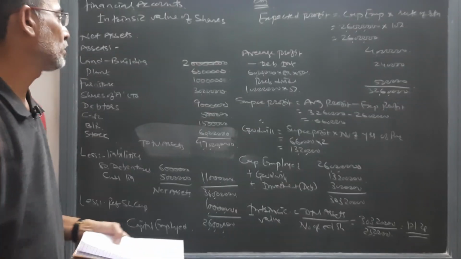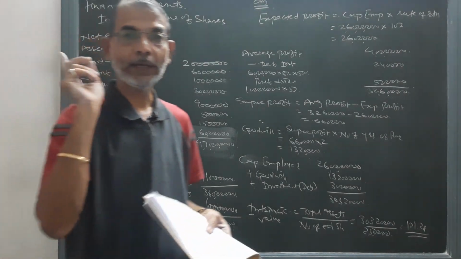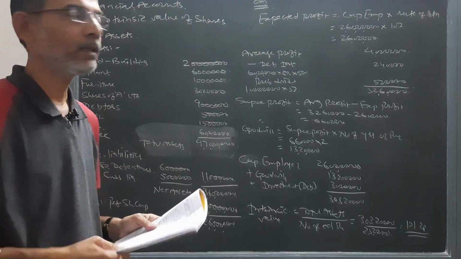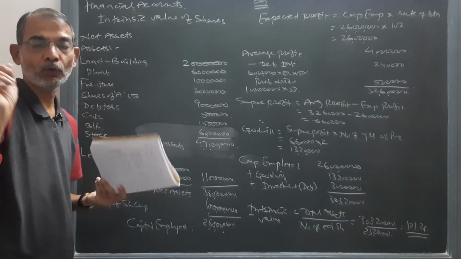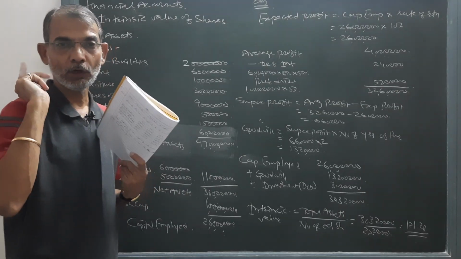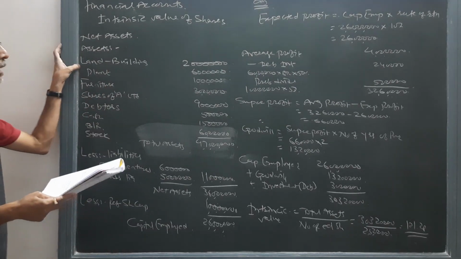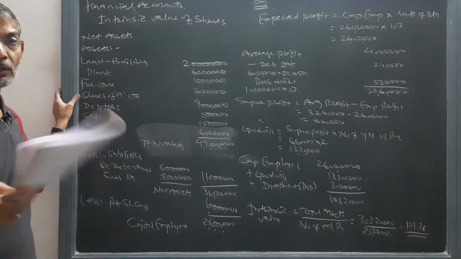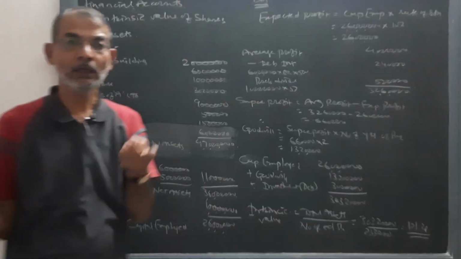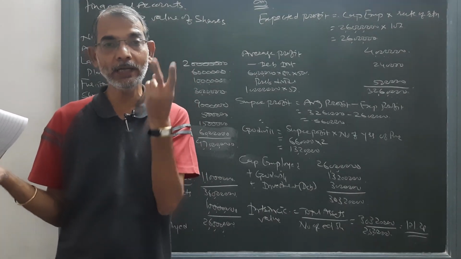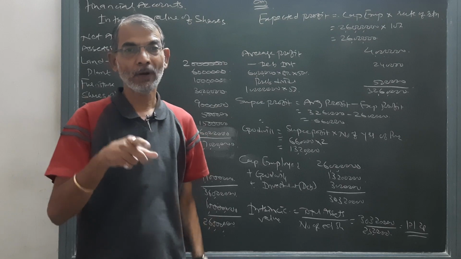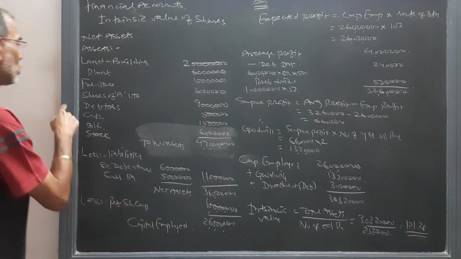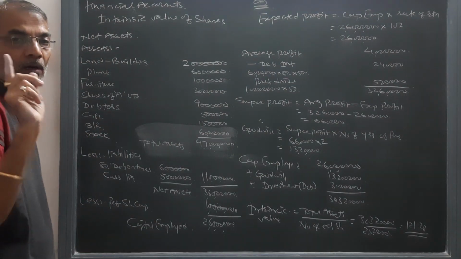Now if we repeat, we have to calculate first the value of goodwill. For that we need to find capital employed, and for that first we have to take total of assets. That is land building of 2 crore, plant 60 lakh, furniture 10 lakh, shares in A Limited. Here there were two investments in the form of debentures and equity shares, but debentures will not be included because they are non-trading investment. So only shares of A Limited which are trading investment.